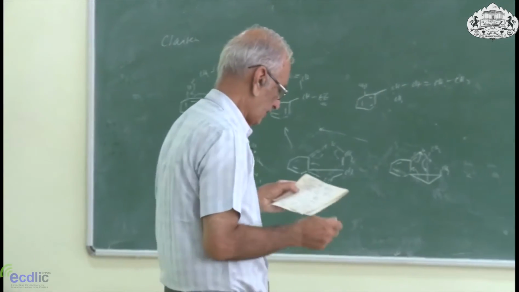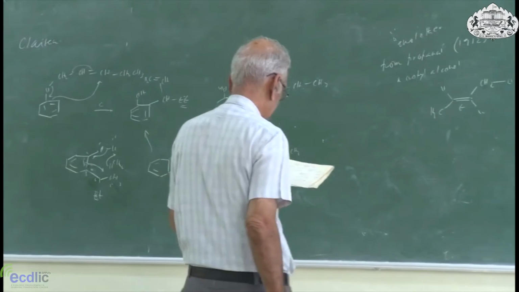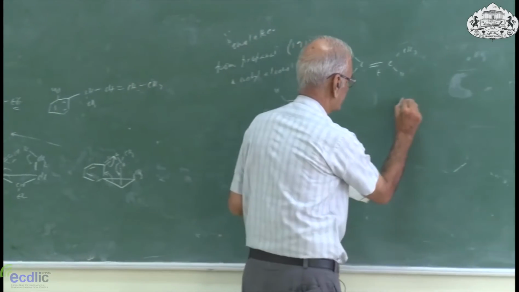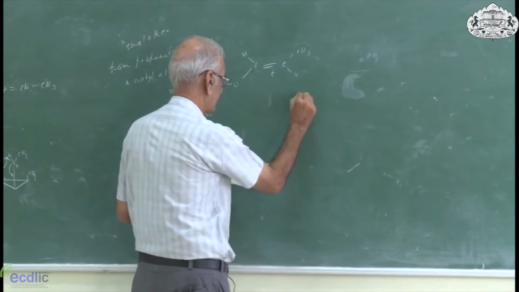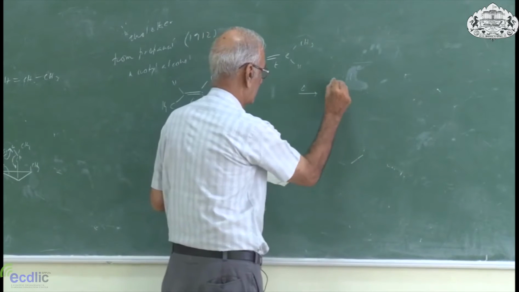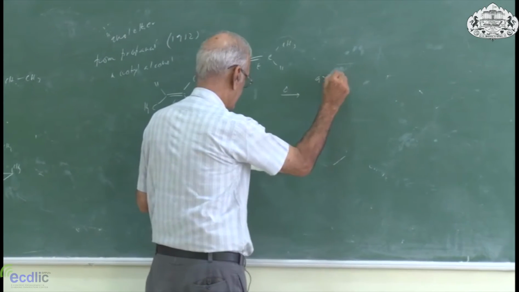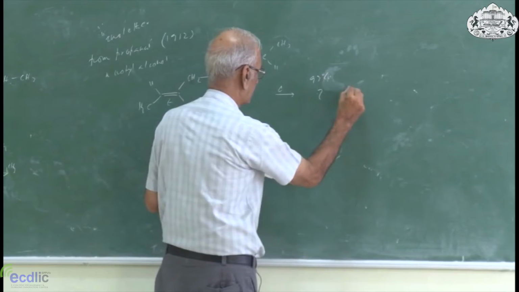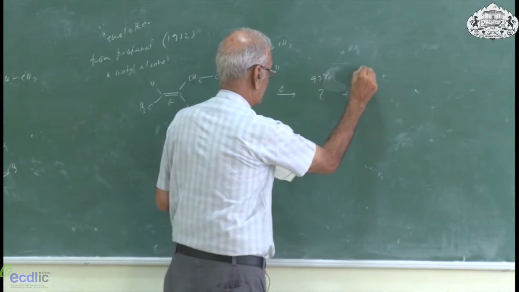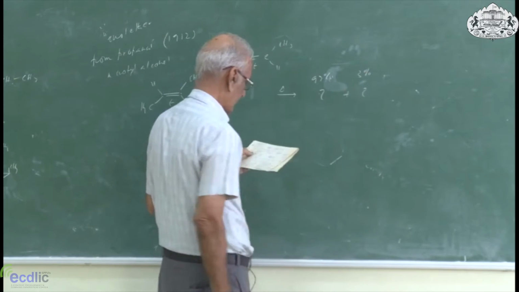Okay, both double bonds are trans. All right. When we heat it, you get 97% of one product and 3% of the other product.